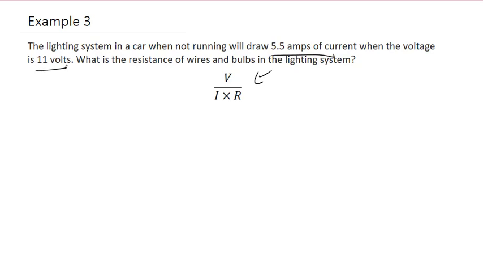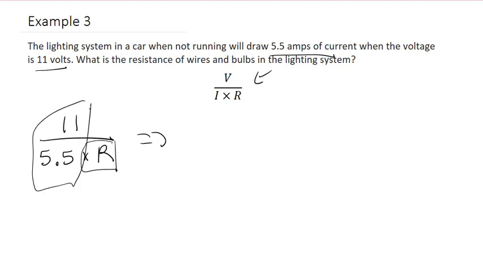So let's write 11 on the top, as that's for our V. Then we have 5.5. That's our current, which is the I, times R. Kind of cover up the R and then just deal with this division, which is 11 divided by 5.5. And this will get us to resistance.